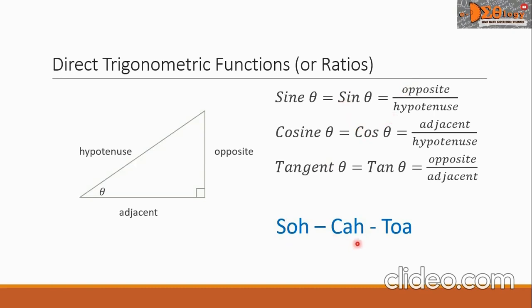The CAH is for the cosine, with that first letter C to denote cosine. The A is adjacent, and H is the hypotenuse. TOA is for tangent, where T is the first letter of the tangent. The O is the opposite, and A is for the adjacent side. So, TOA.